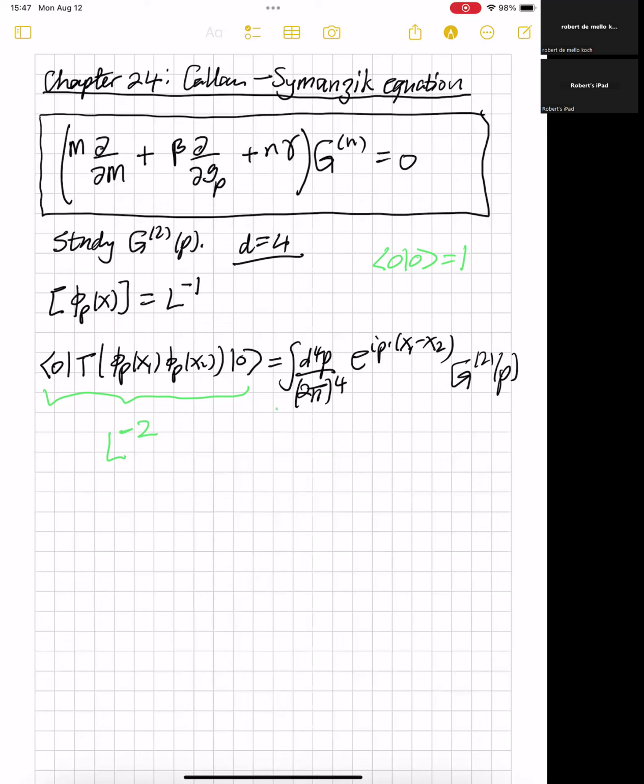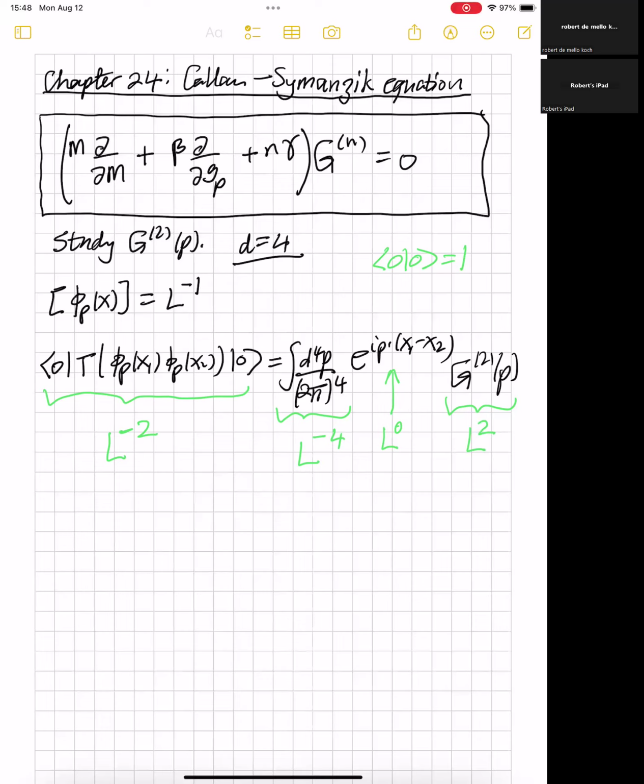And then in the units that we are working, where h bar equals c equals 1, we know that momentum is length to the -1. So this d4p is going to be length to the -4. The exponential, of course, is dimensionless because momentum is length to the -1 and x is length. So to get dimensions to match, we know that G2 of P has to be length squared.